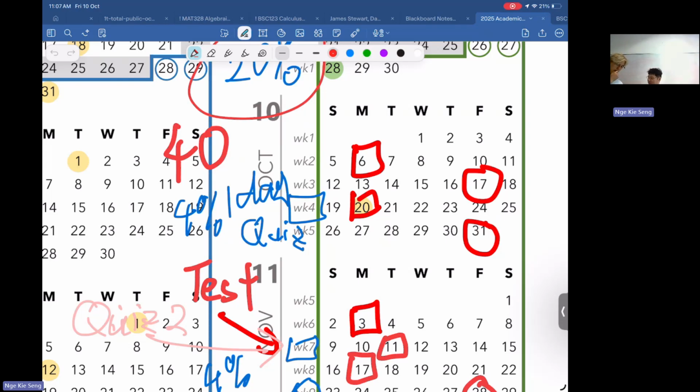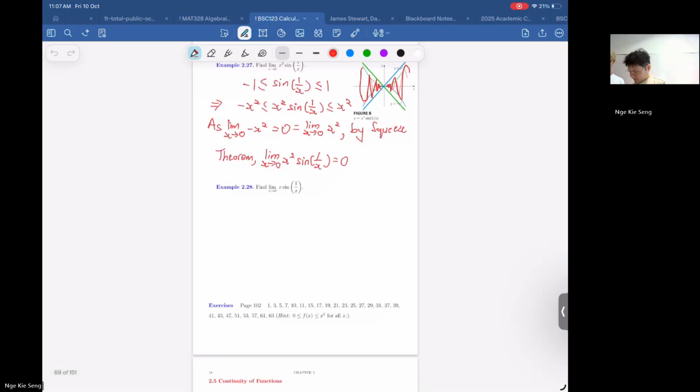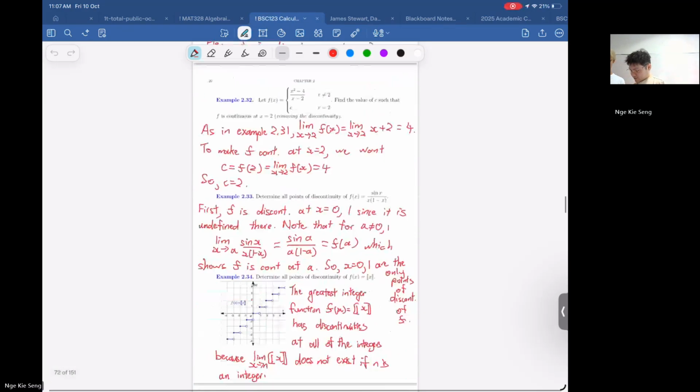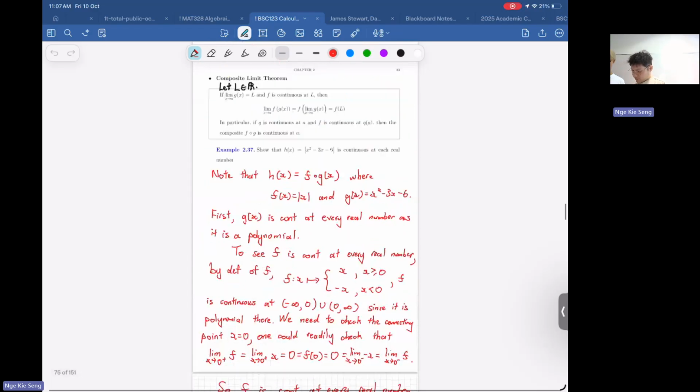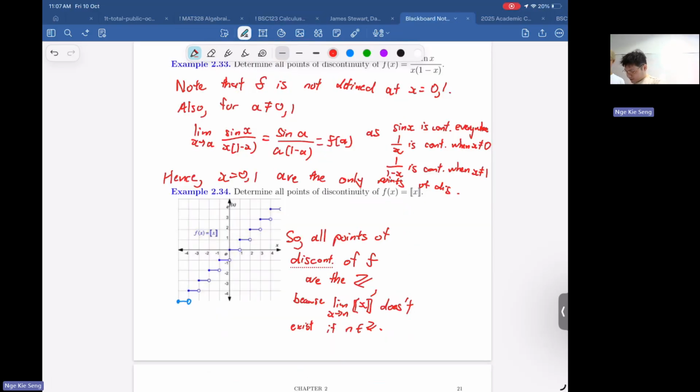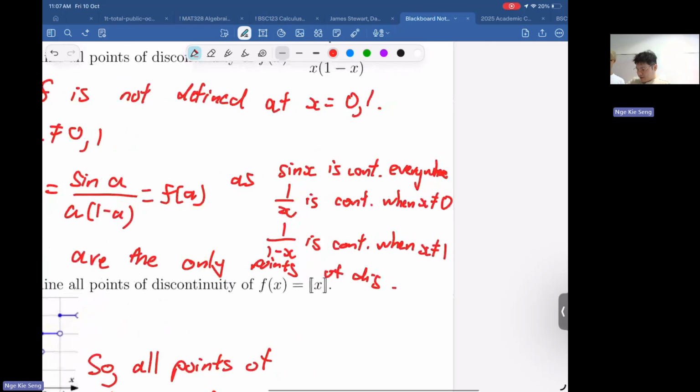Let me write a bit more. This line means that the limit of x to a of sine x is equal to sine a.